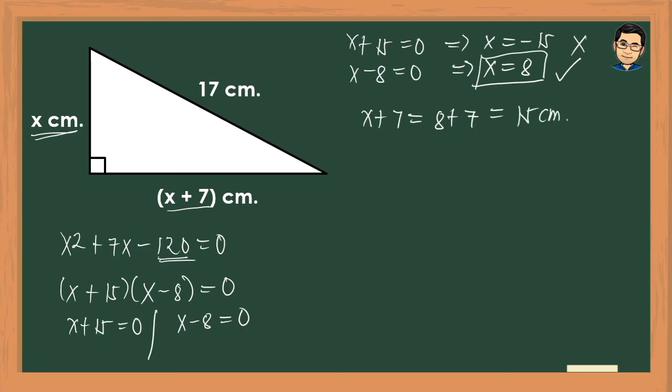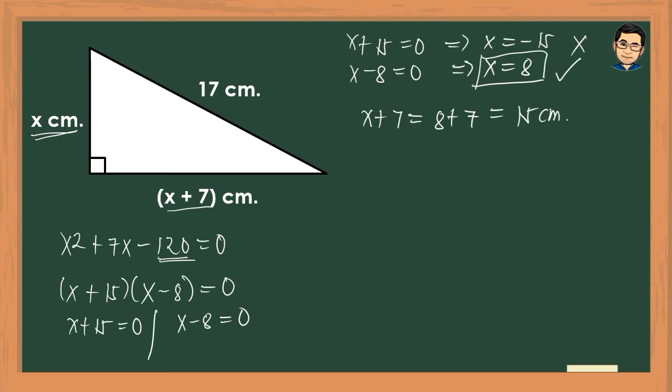So, yung other leg po natin, ang measurement po niya ay 15 centimeters. Okay. And then, 8, 15, yun po yung mga measure ng two legs natin. And then, yung hypotenuse natin, 17. Tandaan nyo po, yung hypotenuse po, siya po yung largest side ng right triangle. So, hindi po pwede yung dalawang legs, mas mataas po yung measure dun sa hypotenuse.